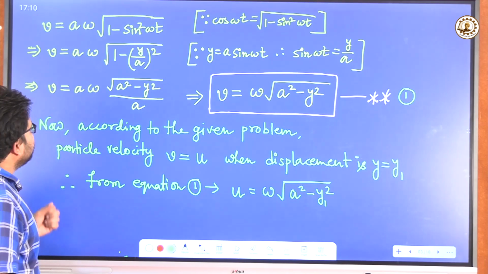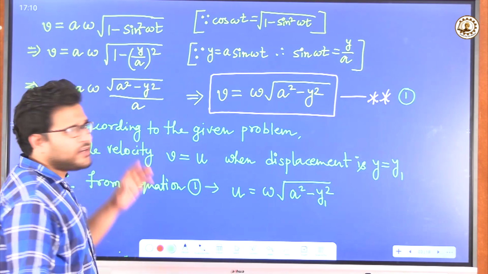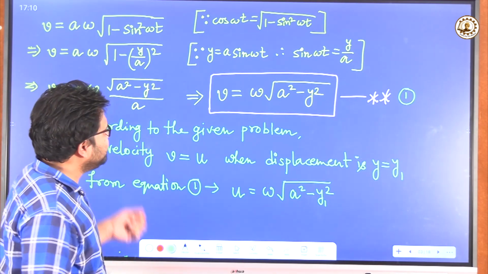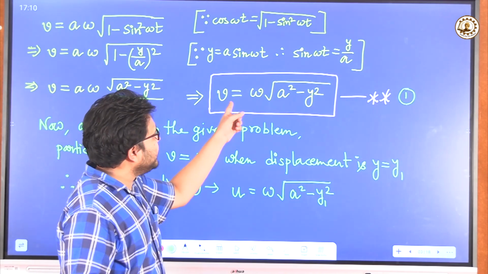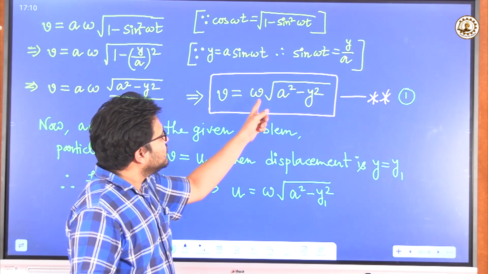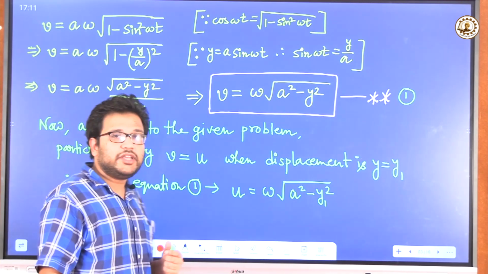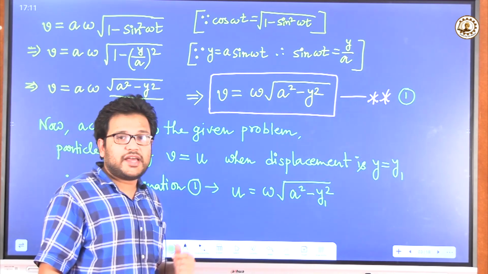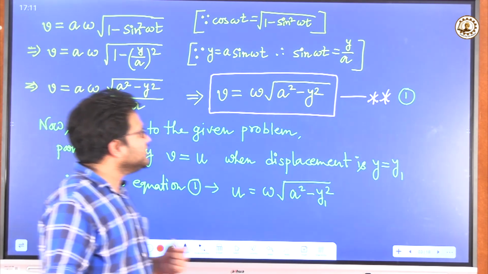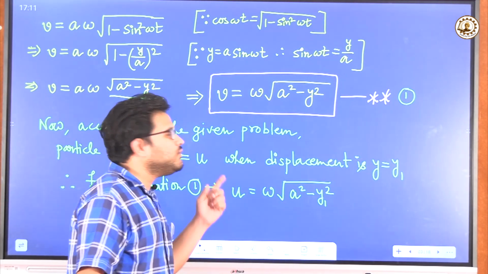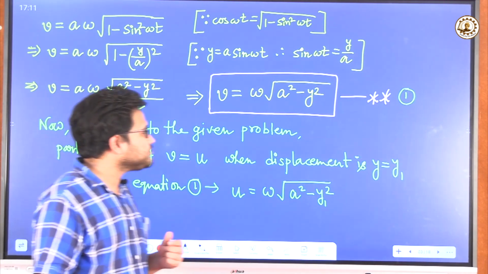Therefore, after some simplification, velocity v equals omega root under a square minus y square, where v is the velocity of the particle, omega is the angular frequency of oscillation, a is the amplitude, and y is the displacement of the particle. This is equation 1.